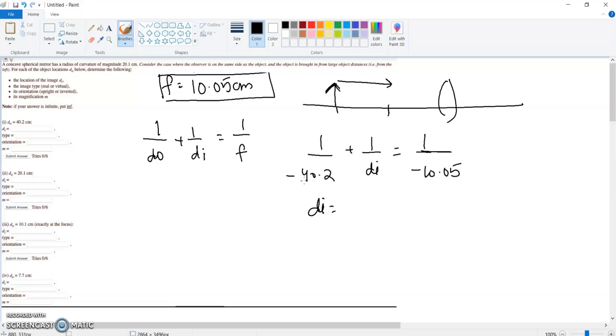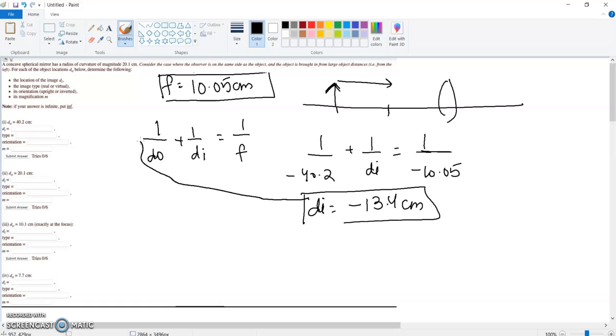Once I did the reciprocal, it turns out the distance of image is minus 13.4 centimeters. Now try to add that as minus 13.4 centimeters, but if it didn't work, just put the positive 13.4, because distances are always in positive direction. So it's 13.4 centimeters over there.